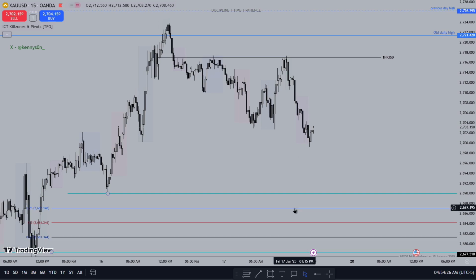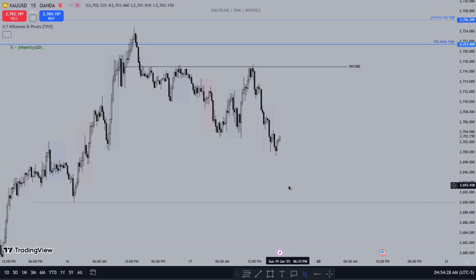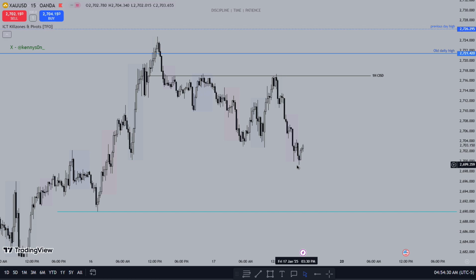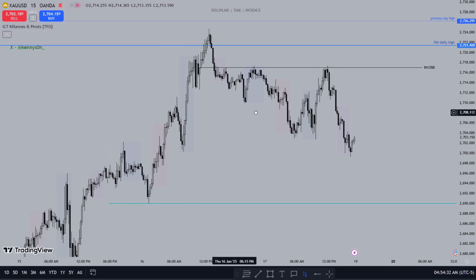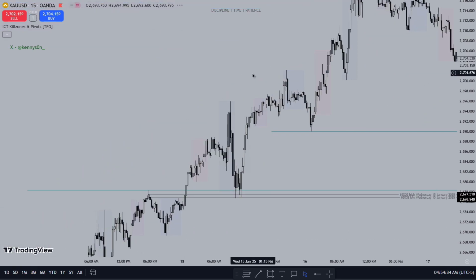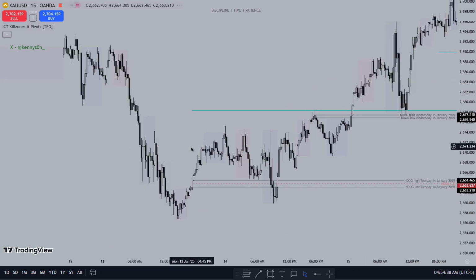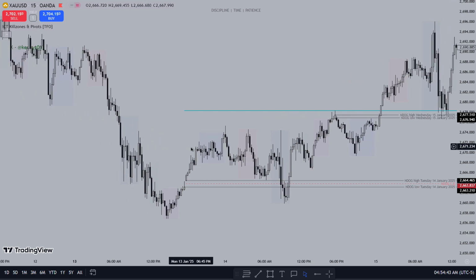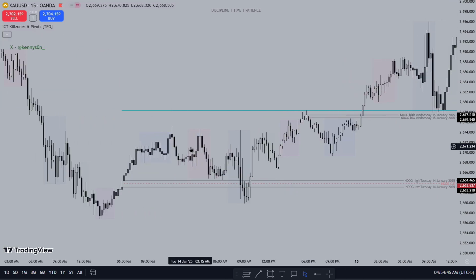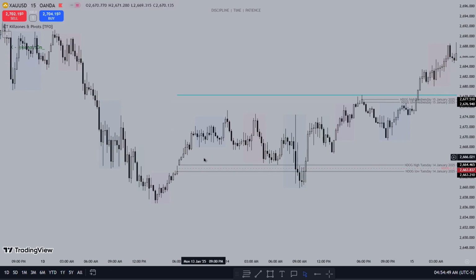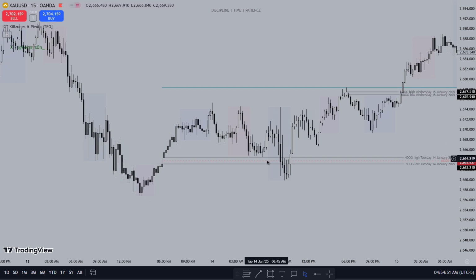And by the way, these days, I don't know if you guys noticed, but NFP, CPI, they're just bad. In gold they are. I don't know about other forex pairs. I think they might be good, but you can't find a clean setup after NFP hits.